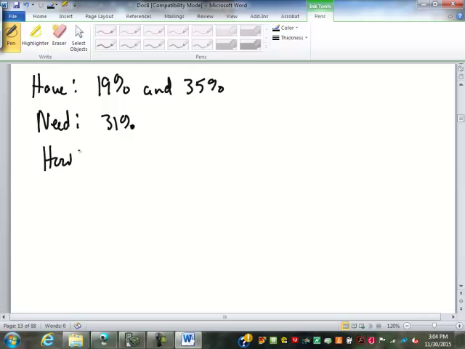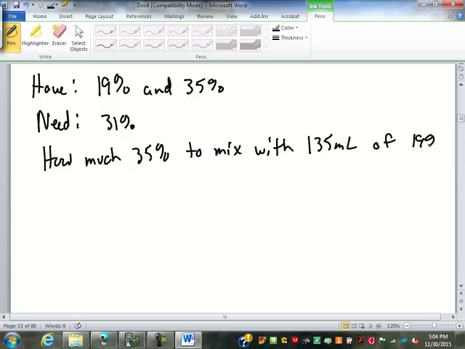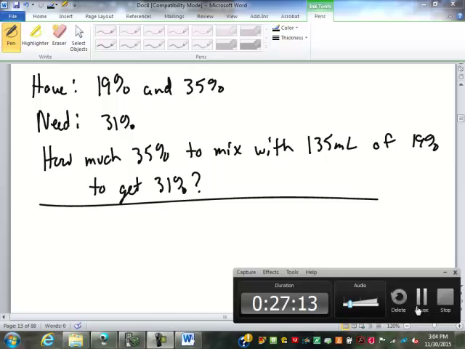So our question: how much 35% to mix with 135 milliliters of the 19% to get our desired 31%? Give that one a shot.